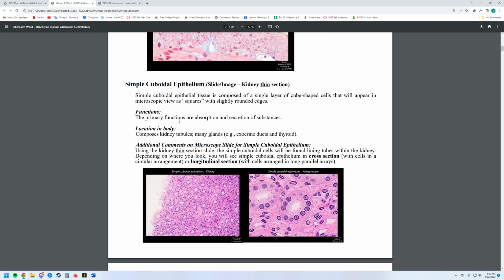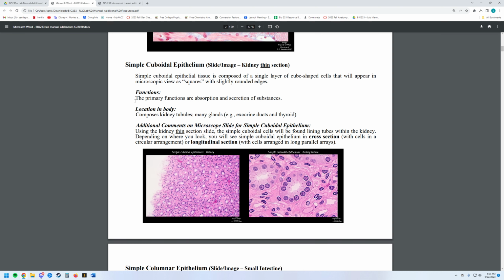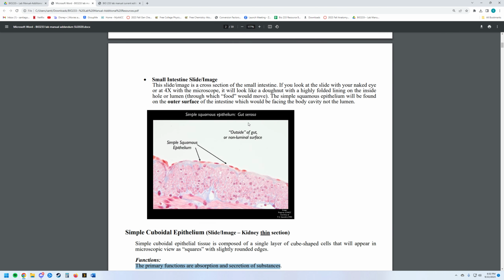We're moving on to simple cuboidal. Cuboidal, obviously they're shaped like cubes, cube-shaped, yep. They will appear in microscopic views as squares with slightly rounded edges. Functions: the primary functions are absorption and secretion of substances.